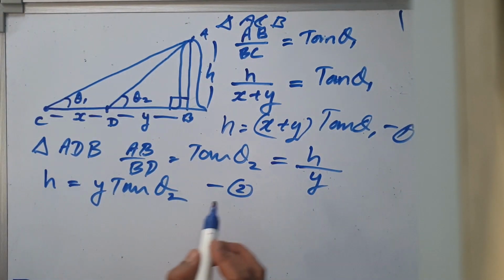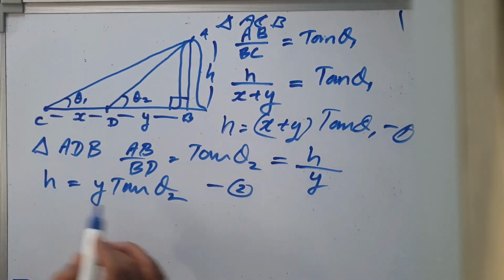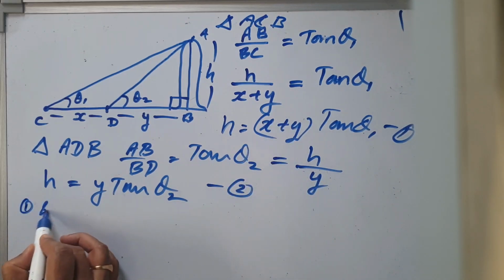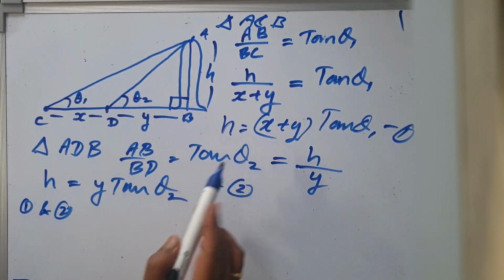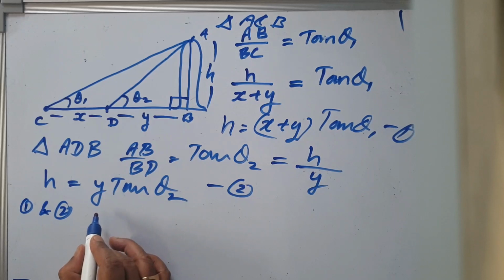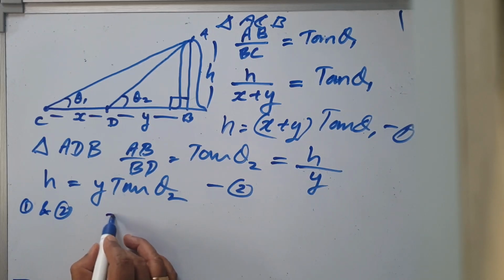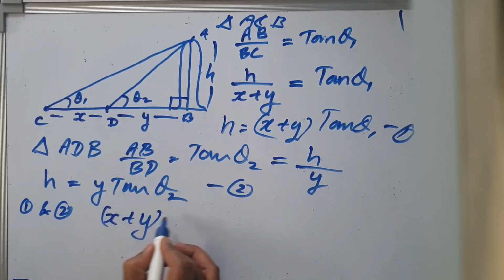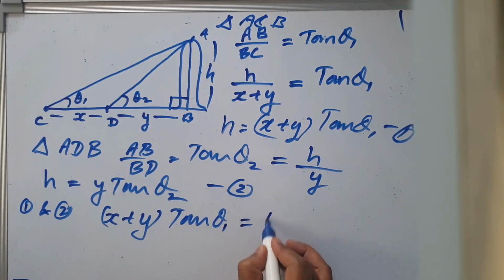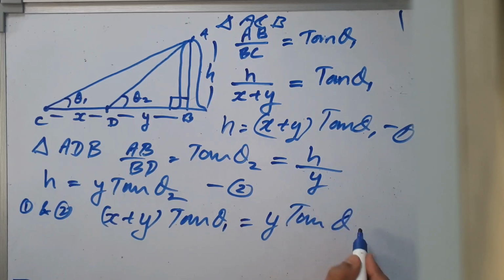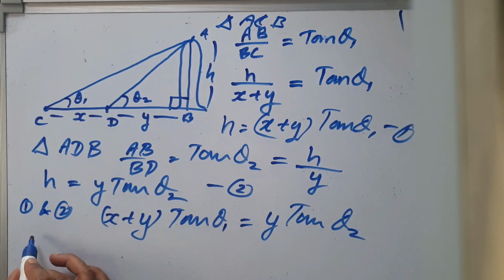Now from equations 1 and 2, LHSs are same. Therefore RHS should also be same. Therefore what do we get? From 1 and 2 we get X plus Y into tan θ1 is equal to Y tan θ2. Now opening this bracket and rearranging. If I open this bracket, what do I get?